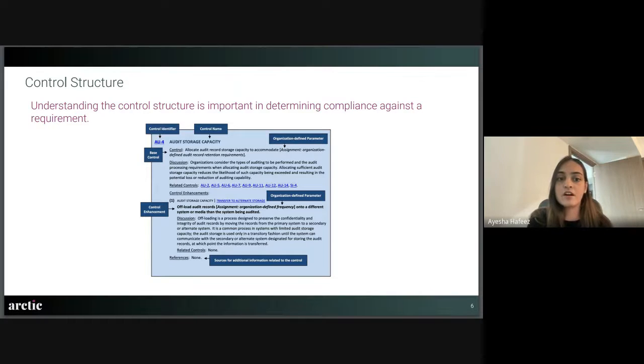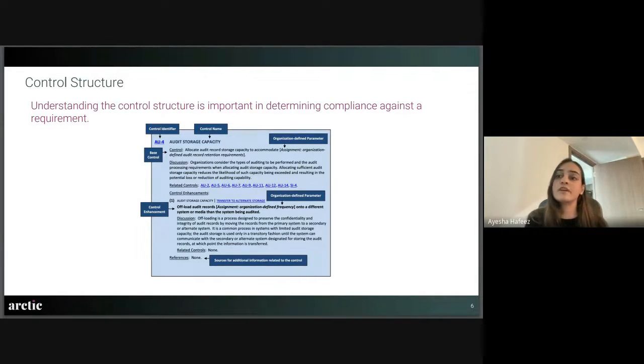Examples of these are frequencies, time periods, job titles. In this case, you could see that the organization-defined parameter is a retention requirement for auditing. And within the control enhancement, you could see another type of organization-defined parameter, which is a frequency. So these are on different levels.